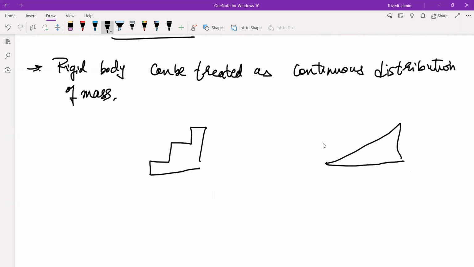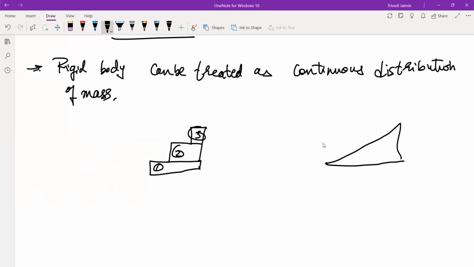Here we can just count 1, 2, 3. If we want to find area, we can directly find length into breadth, and add all these, 1 to 3.